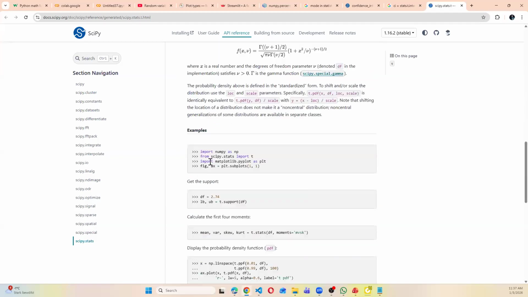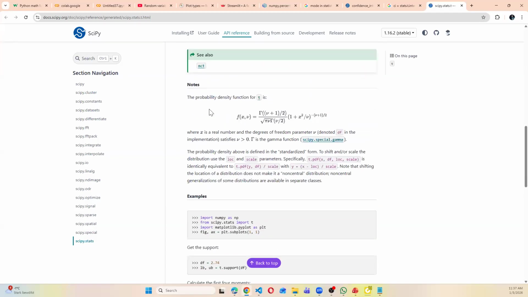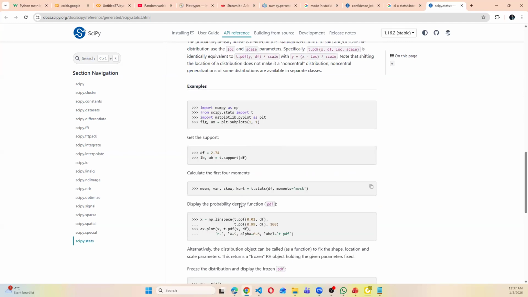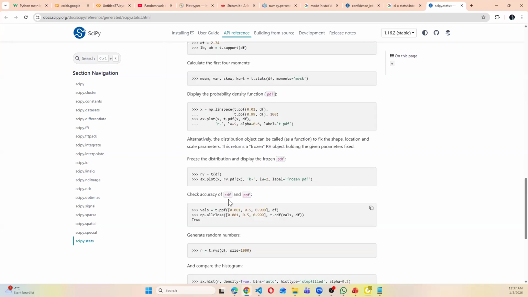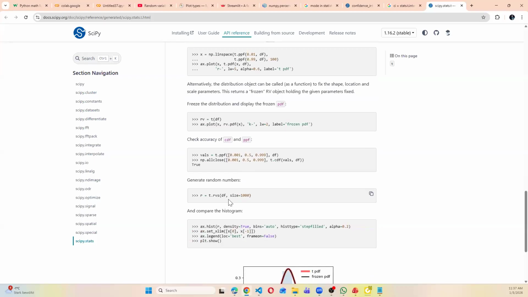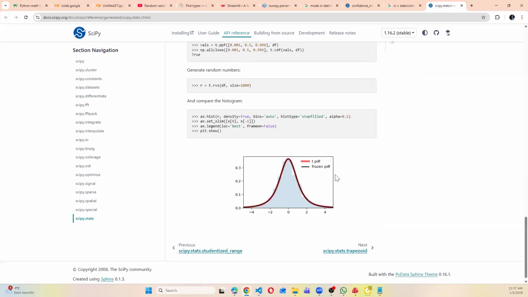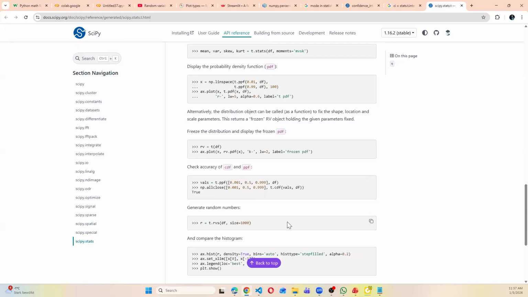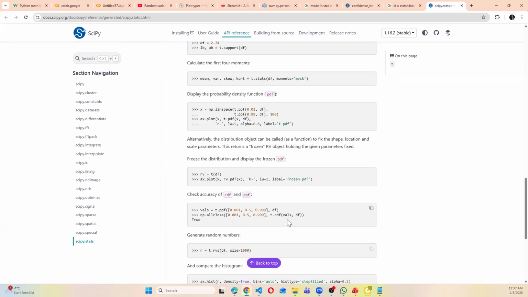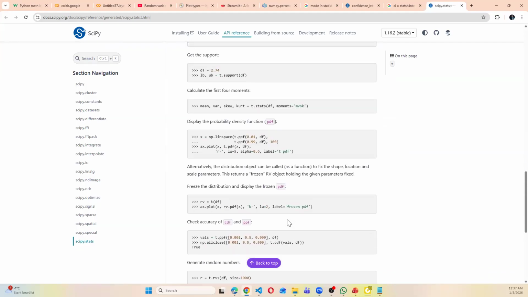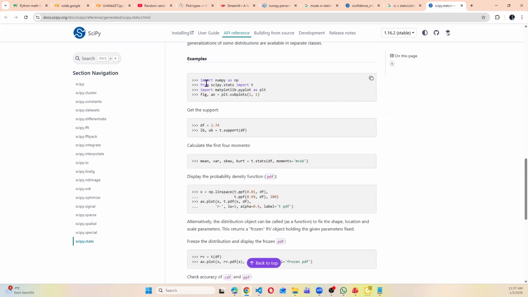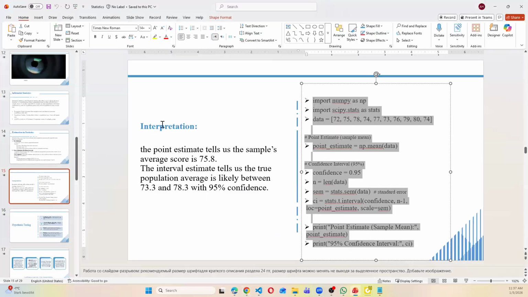This is the function that they have done. There is even a formula for you, everything is written here, and how it works is already there. This is the graph. You can even make a graph for this one to understand it better. This uses NumPy, statistics, matplotlib, and other libraries. This is how you can do the interpretation of point estimates and interval estimates.